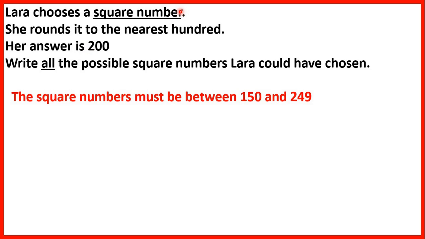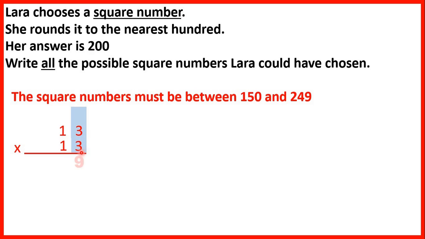But we need a square number, and the largest square number that we know is 144, because we know that 12 times 12 is 144, but that's less than 150, so it doesn't round to 200.